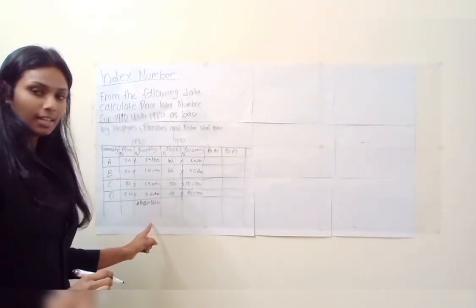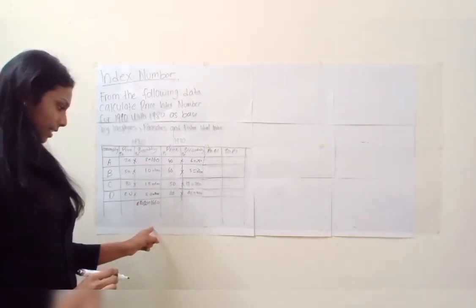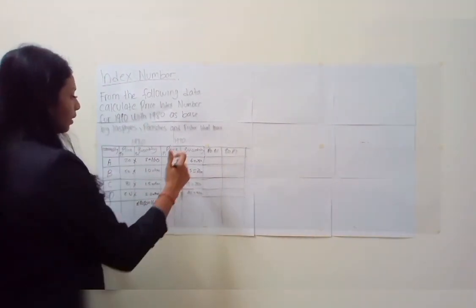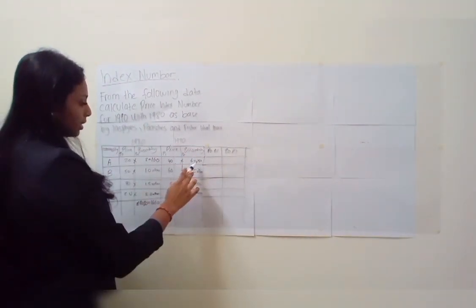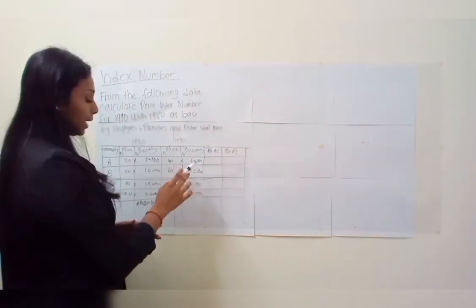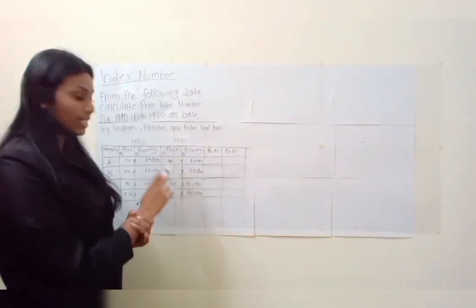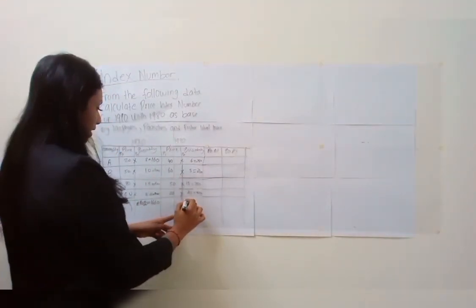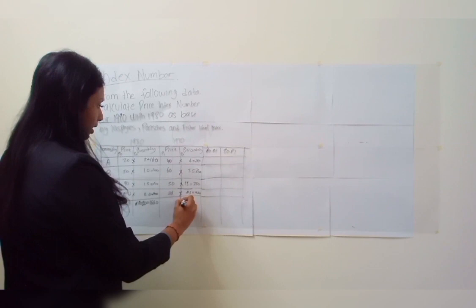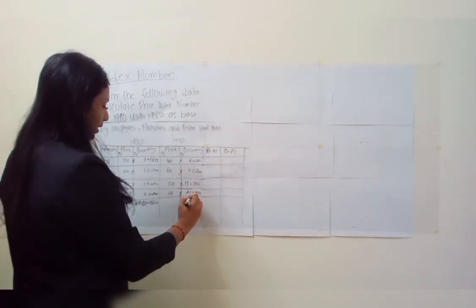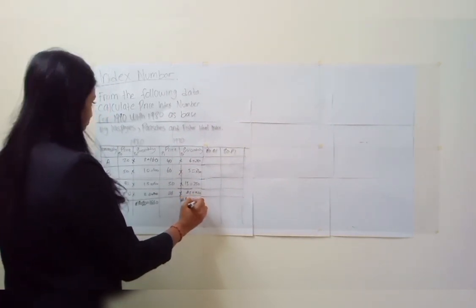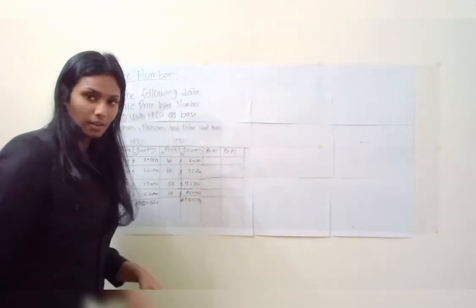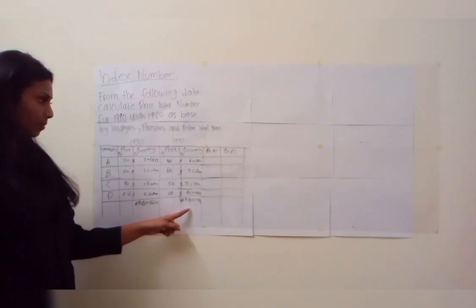This is the answer for the base year. Okay, for current year, 240 plus 300 plus 750 plus 250 is summation P1 Q1 equals 1790. Okay, this is the answer.